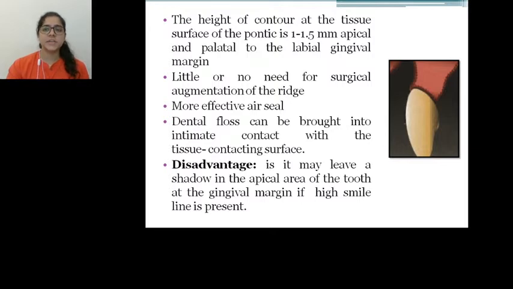If it is a freshly extracted socket, there is no need for surgical intervention. And it has a more effective air seal, and dental floss can be brought into intimate contact with the tissue contacting surface. A disadvantage of the modified ovate pontic is it may leave a shadow in the apical area of the tooth at the gingival margin if a high smile line is present.